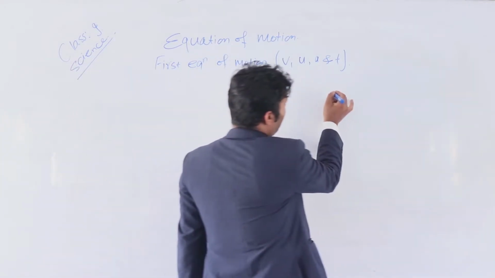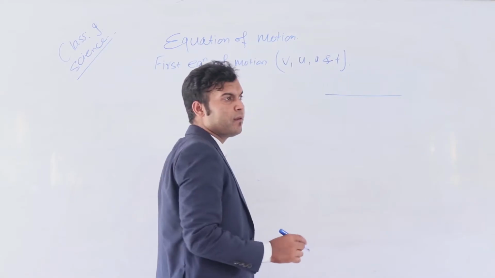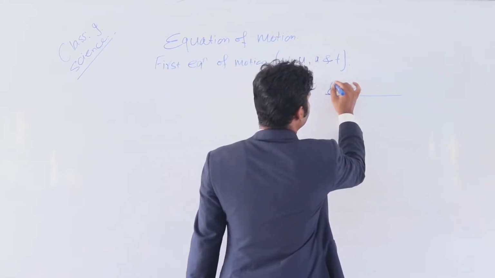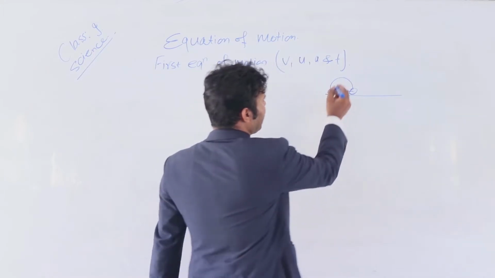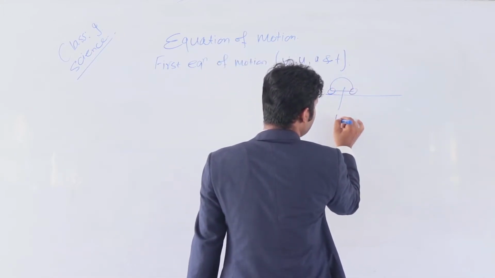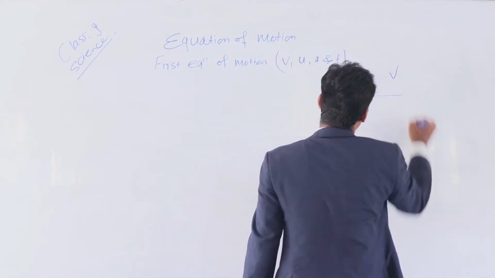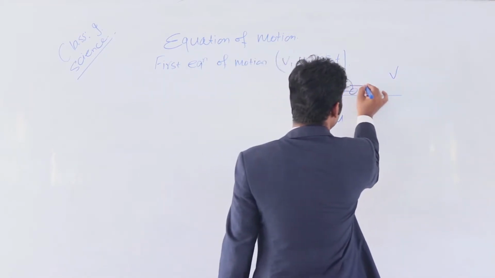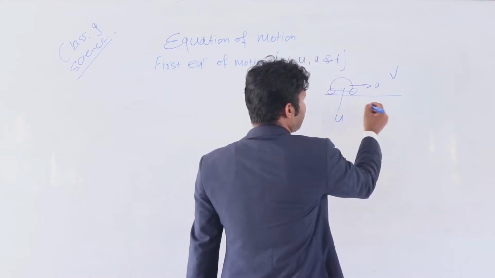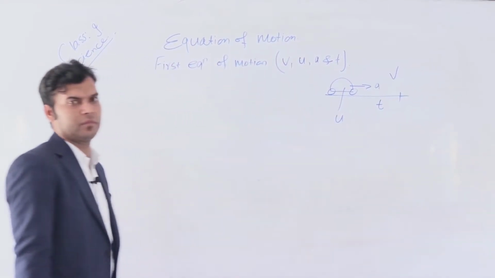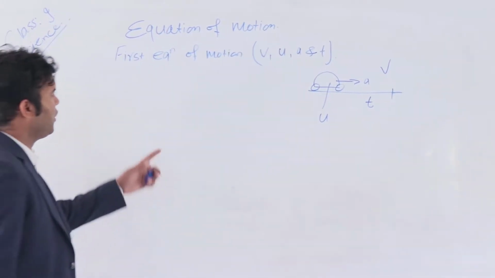Let us consider one vehicle. It starts to move in a straight path. In that case, its initial velocity is U, its final velocity is V, its acceleration is A, and time taken is T. Okay?